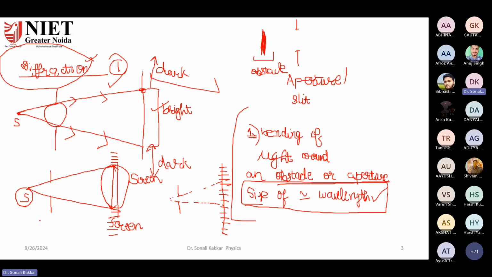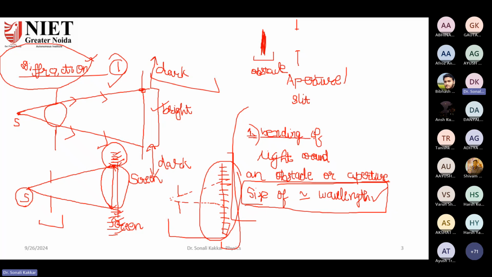But when you reduce the size of the slit, some of the rays reach this forbidden region. That is why there are alternate bright fringes in addition to the dark region. Similarly here, but not all rays bend. The bending angle is very small, plus the number of rays which are bending is very small. But when you reduce the size of the slit, when it becomes comparable to the wavelength of light, it reaches the forbidden region. And why you are getting this pattern is another story.